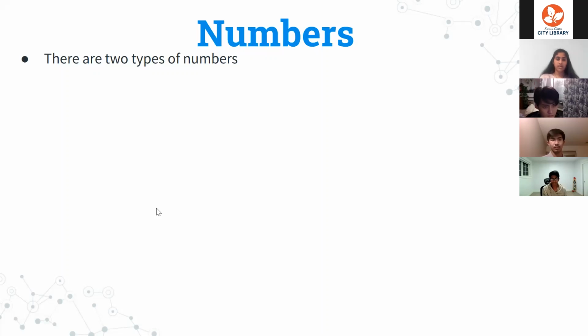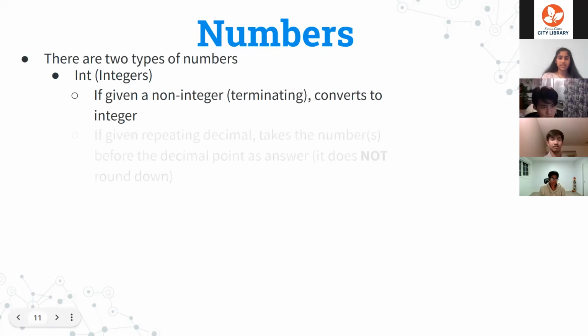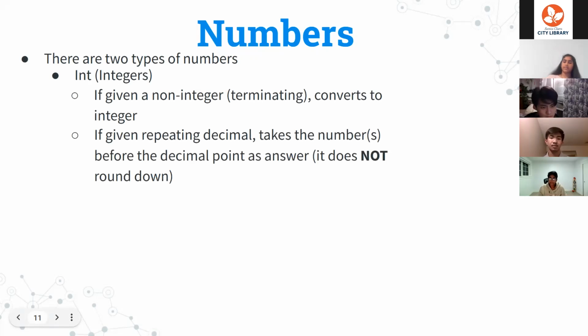Okay, so there are two different types of numbers. The first is int, and the second is float. You might ask, what's the difference? Well, integers are whole numbers and negative numbers. So -3, 0, 5, 12 are all whole numbers.